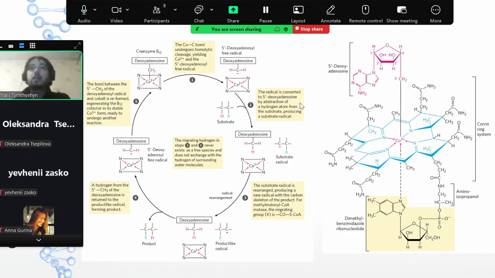The radical is converted to 5' deoxyadenosine by abstraction of a hydrogen atom from the substrate, producing a substrate radical. So the hydrogen is removed with one electron, and the other stays, and we have a substrate radical. The substrate radical is rearranged, producing a new radical with the carbon skeleton of the product. You remember that carbon skeletons may rearrange to get to a more stable state.